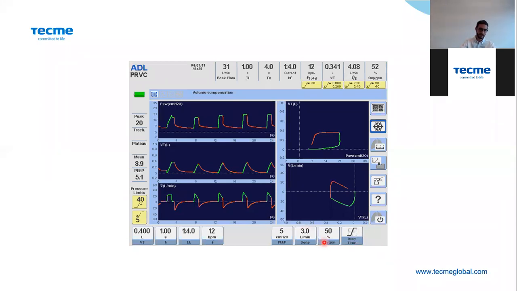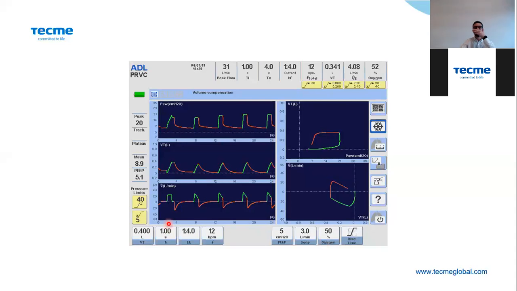Okay? So, again, the idea of this ventilatory mode is to achieve a certain tidal volume with the lowest inspiratory pressure possible. That's the main idea.